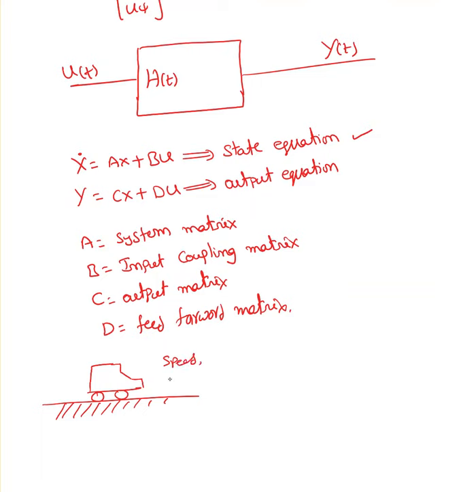And you see the acceleration, fuel level, temperature of the engine. These are all state variables for that given system. It's a dynamic system, so you can tell instantly what the speed is, what the acceleration is, what the fuel level and temperature of the engine are. These are the state variables of the given system.